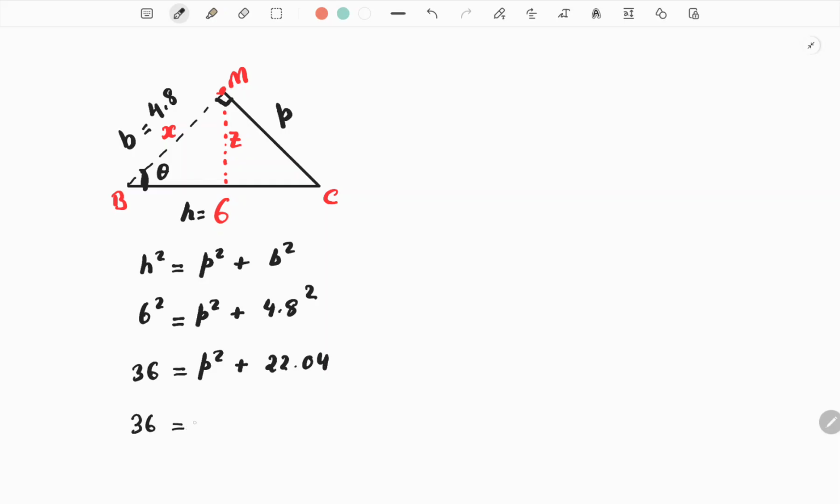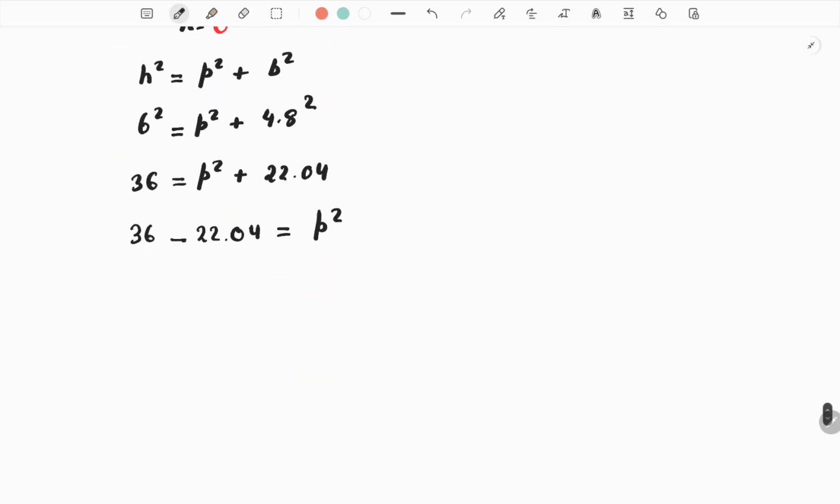So 36 is equal to P square plus 22.04. But this 22.04, if we take to the left hand side, then it becomes 36 minus 22.04, which is equal to P square. So 36 minus 22.04 turned out to be 13.96, which is equal to P square. Therefore, P is equal to root over 13.96.